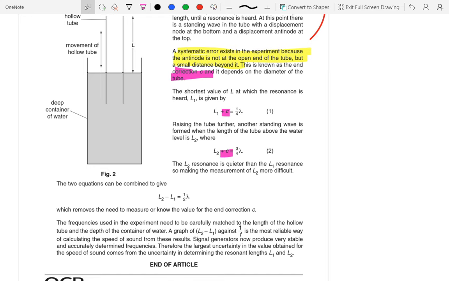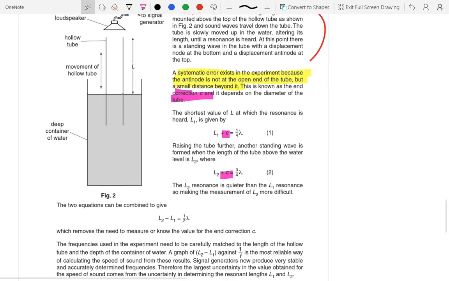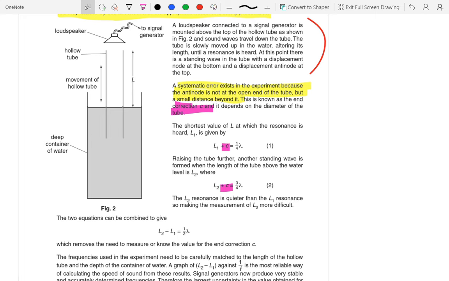So you're basically moving the tube up and down in the water, and you're trying to find out each length of the tube when you've got a resonance effect.